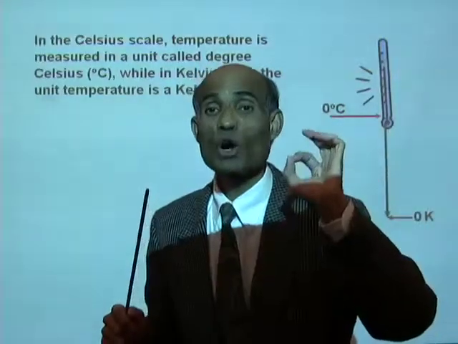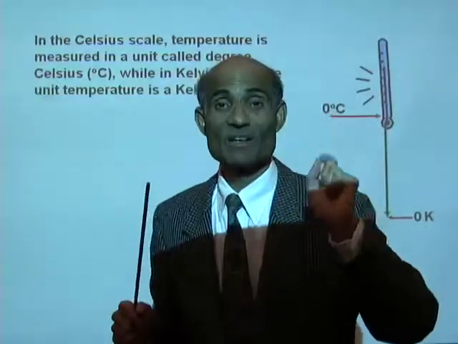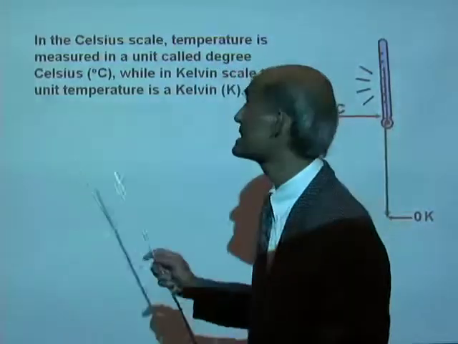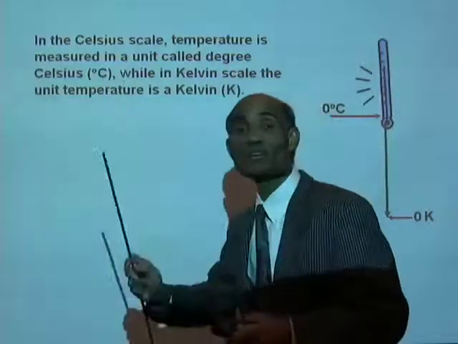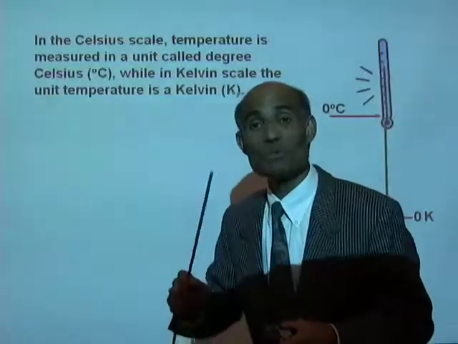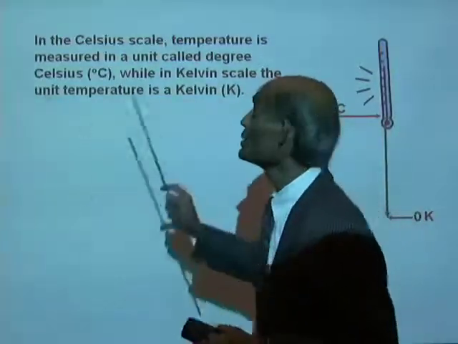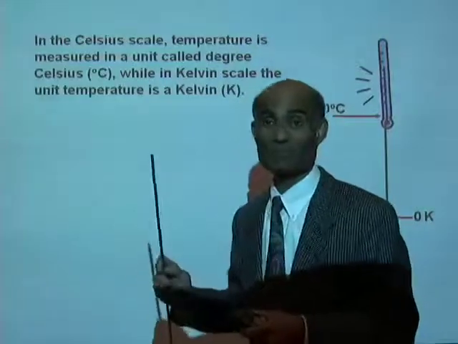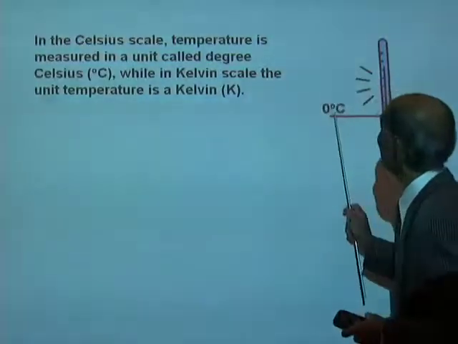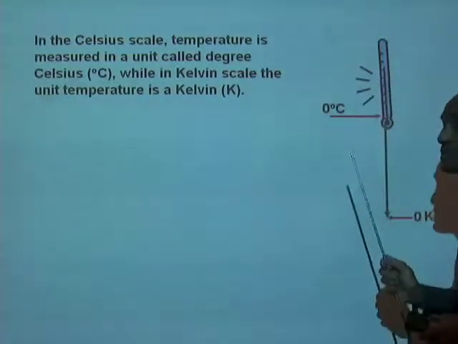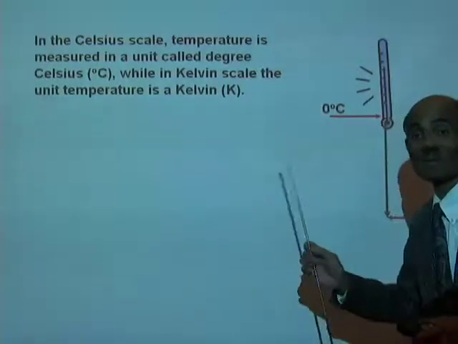Now, you don't call Kelvins degrees. When temperature is measured in Celsius, we call it degree Celsius. But when you measure in Kelvin, you simply call it Kelvin. So can you tell me, 0 degrees Celsius is how many Kelvin?